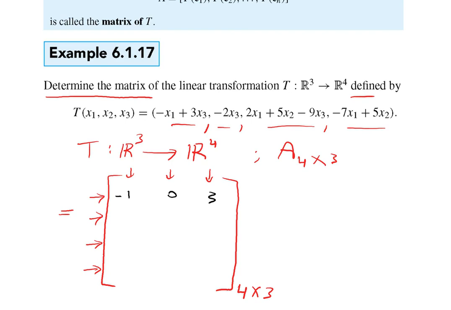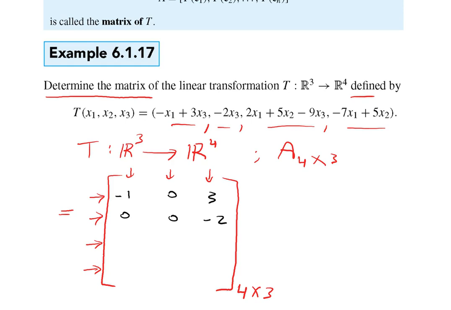Okay, let's keep going. Second one, that's going to be 0, 0, -2.